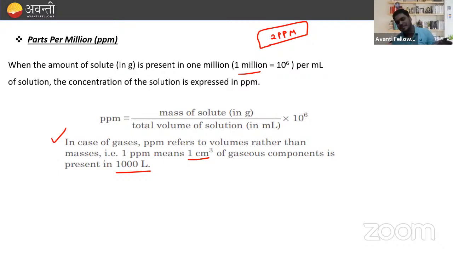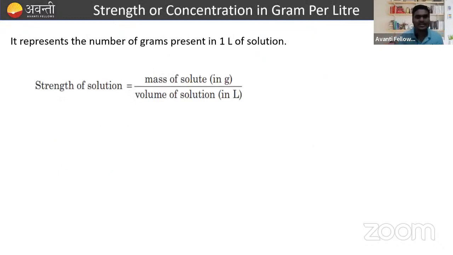Volume depends on temperature, so it is temperature dependent. But whenever the mass of solvent or the mass of solution is given, mass is totally independent of temperature. So mass percentage and mole fraction are temperature independent concentration terms.